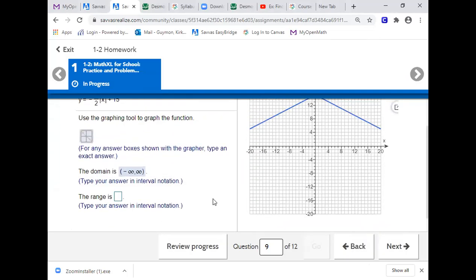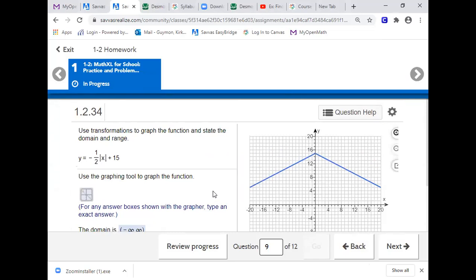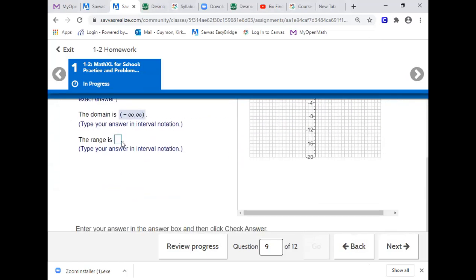So the range in interval notation, remember how low to how high, because smallest goes in first on the left. So does it go down forever? Negative infinity up to how high? 15. And it actually hits the 15, so a square bracket on that side.